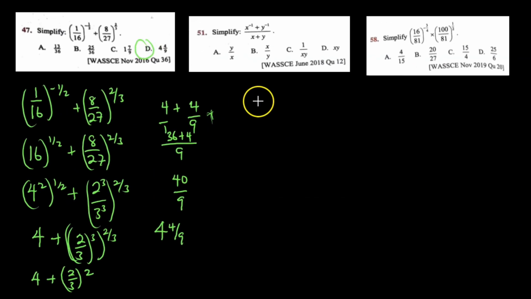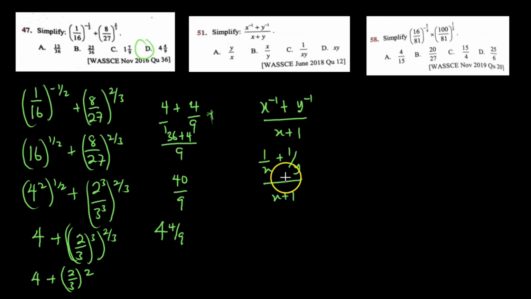We should simplify x to the power negative 1 added to y to the power negative 1, all divided by x plus y. You remember, we cannot just work them out like that, but the best way of simplifying it is to write them as fractions. So we have 1 over x plus 1 over y all over x plus y.